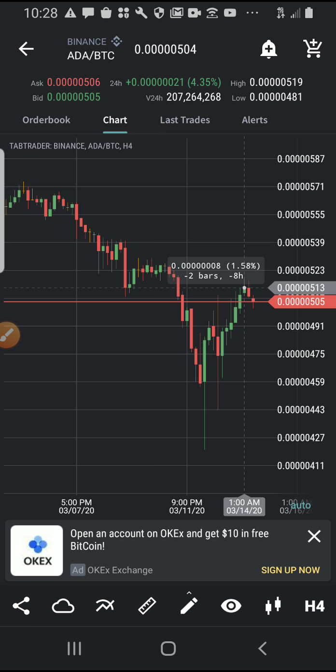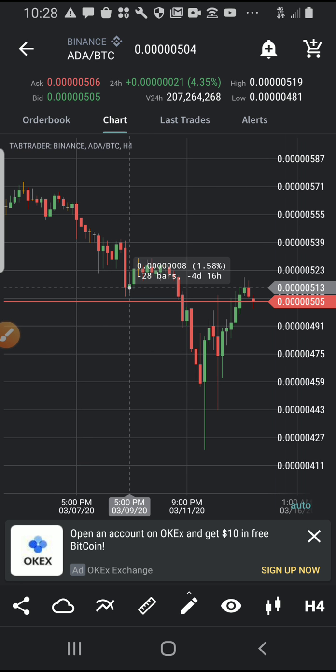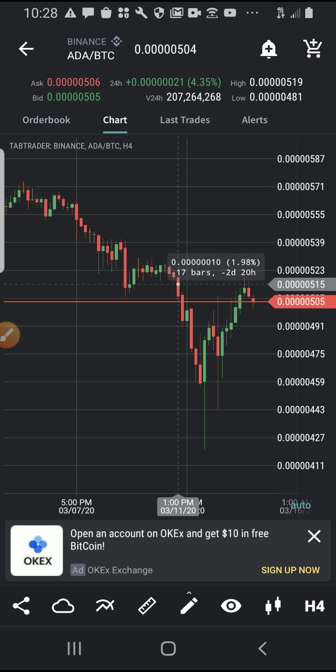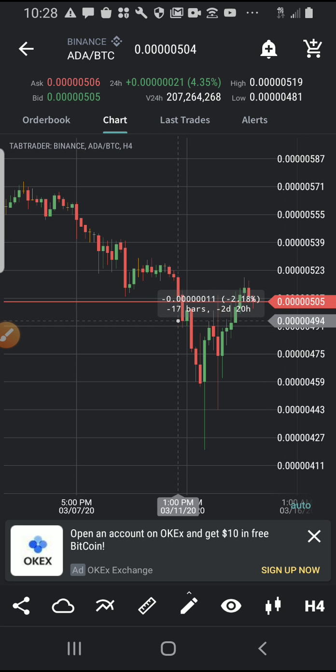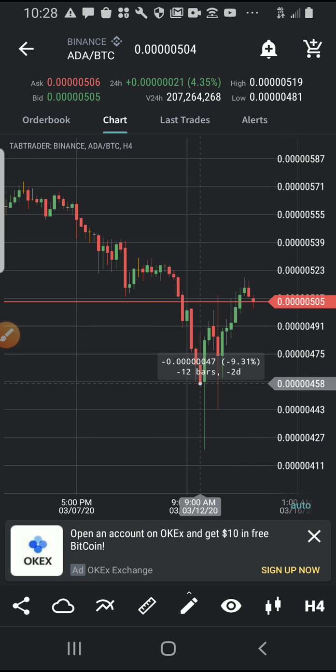So in this case, this 513 is a resistance. When ADA was coming down and got to this place, it's called a support. This level held ADA from going below until we moved back up a bit to this place and finally got broken down to this place before we moved back up.